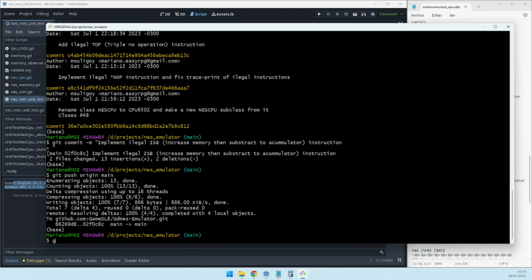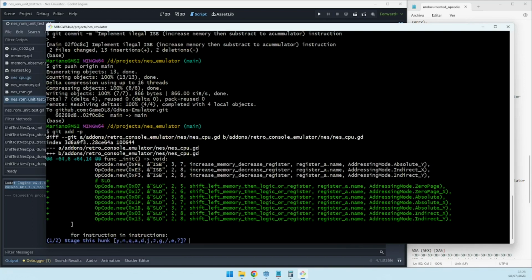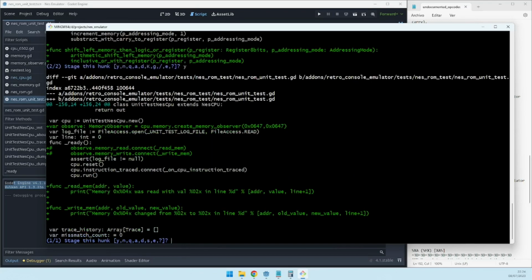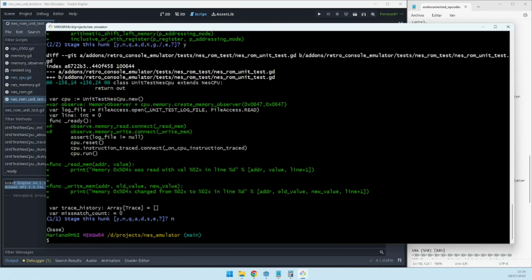So let's commit this. And yes, we added SLO. We added a new function. And I don't want to include this. Git commit.